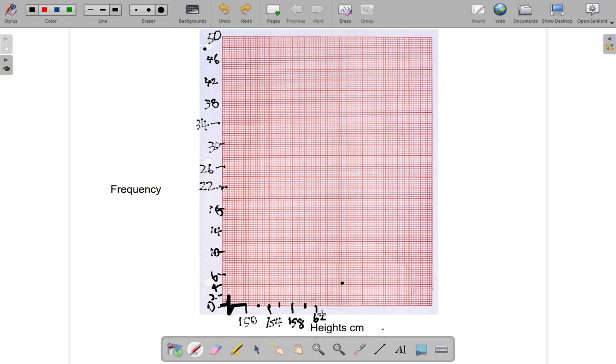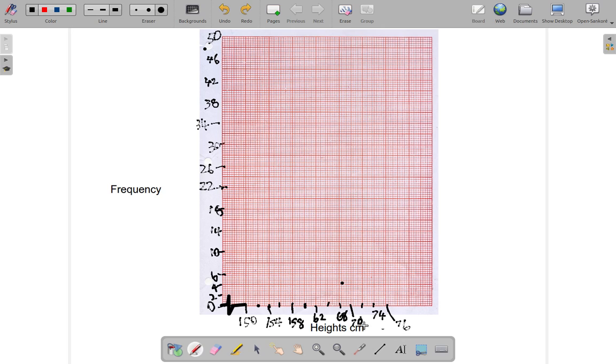I don't have a space to write all the numbers. 164, 168, 170. Let me put 170. 172, 174, 176. All right, this here is 176.